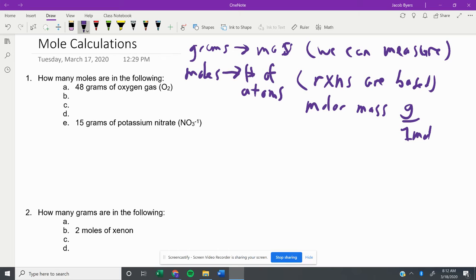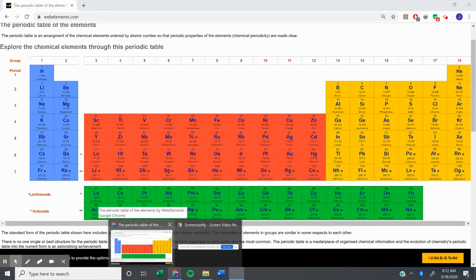So knowing that, if we've got 48 grams of oxygen gas and we would like to figure out how many moles that is, you're going to need to figure out the molar mass of oxygen gas. To do this, we go to our periodic table, and we see that oxygen has an atomic mass of 15.999, and we're going to call that 16.